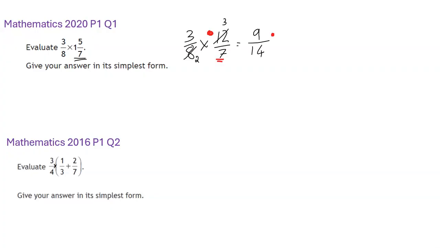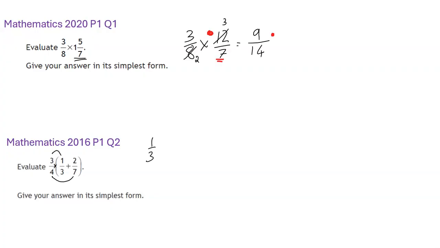Now there's a couple of ways you could approach it. You could, if you felt a bit fancy, expand the brackets as we've done when it comes to expanding a single bracket with a coefficient, and then do 2 separate operations. Or I could follow simple BODMAS. I could do what's in the bracket first, and then multiply my solution by 3/4. That would be the technique I would follow.